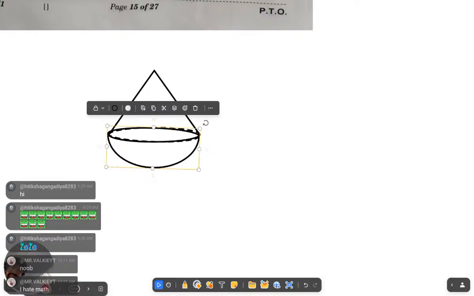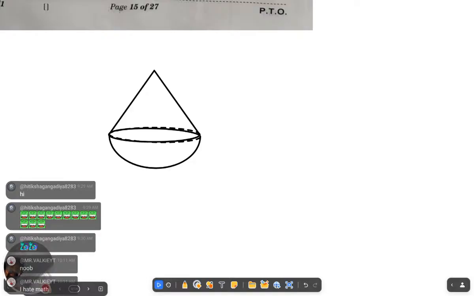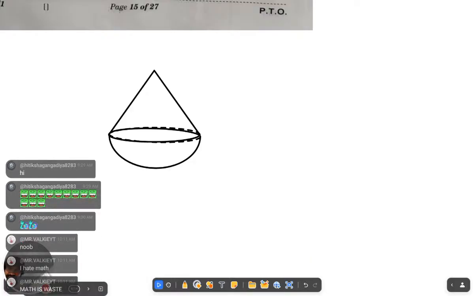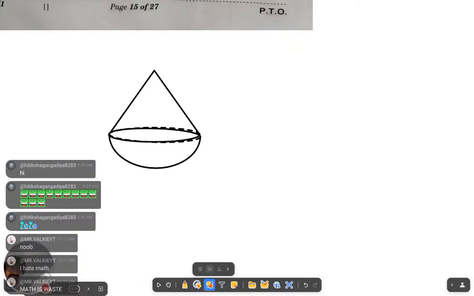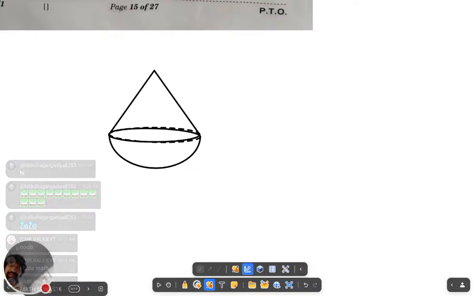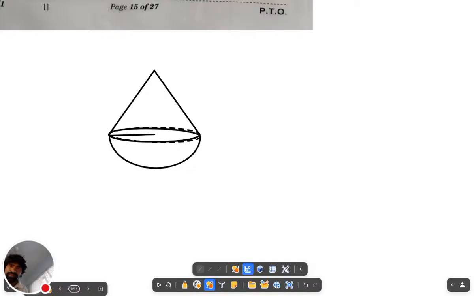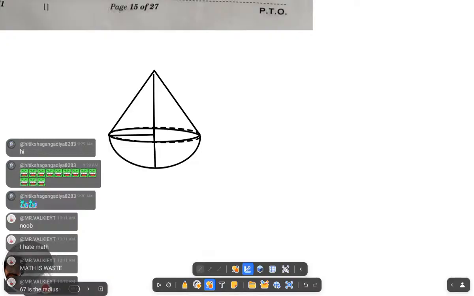So what is the radius here? Radius is 7, right? Radius is 7. The total height is 31.